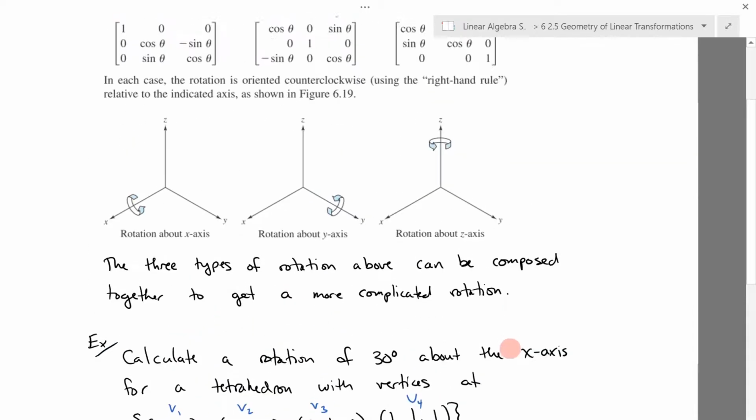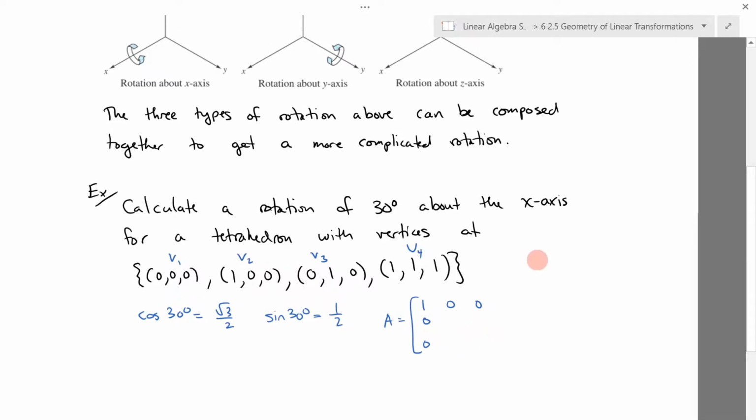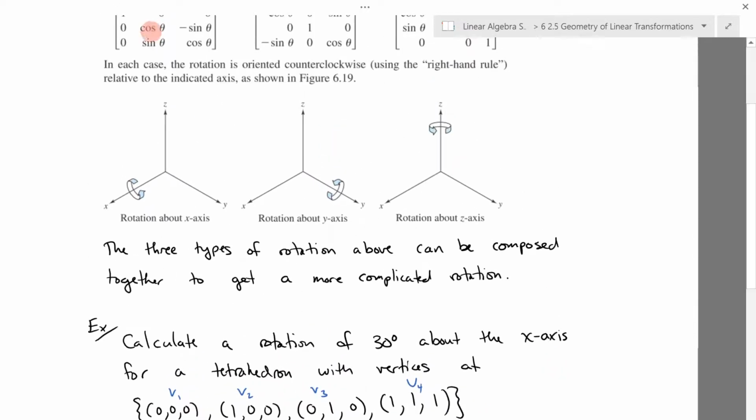So what does that mean? So my matrix A, okay, so these entries should look like this, and then the rotation occurs in these four entries. Right, so it goes cosine, minus sine, sine, cosine.